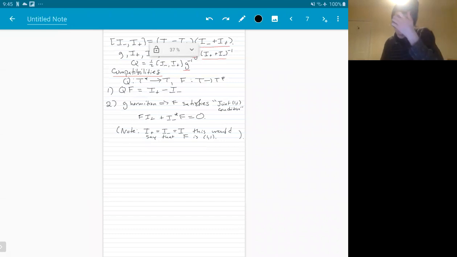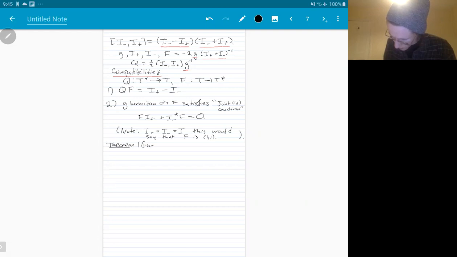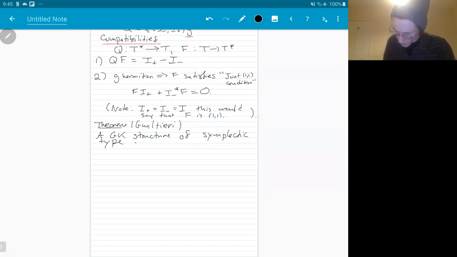Okay, so we have all of these structures and they satisfy these compatibility conditions. And essentially the result that I want to state, which is due to Marco in his paper on branes and Poisson varieties, says that a generalized Kähler structure of symplectic type is equivalent to the data of the following structures.